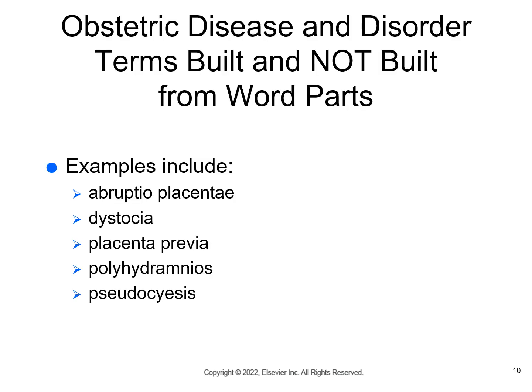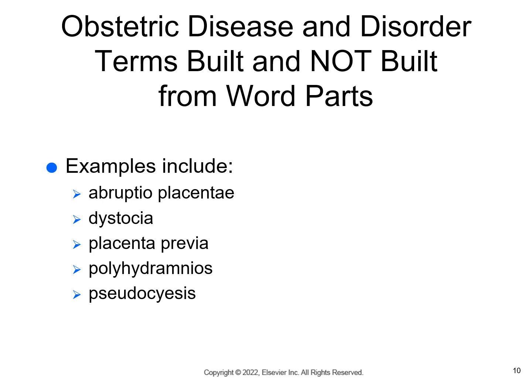In this example listing, there are both terms that are built from word parts and terms that are not built from word parts. So if you take a quick look at these, you may be able to tell for the most part which are which. Abruptio placentae means the premature separation of the placenta from the anterior wall of the uterus. So that one is not built from word parts. Dystocia, can we find word parts in this one?